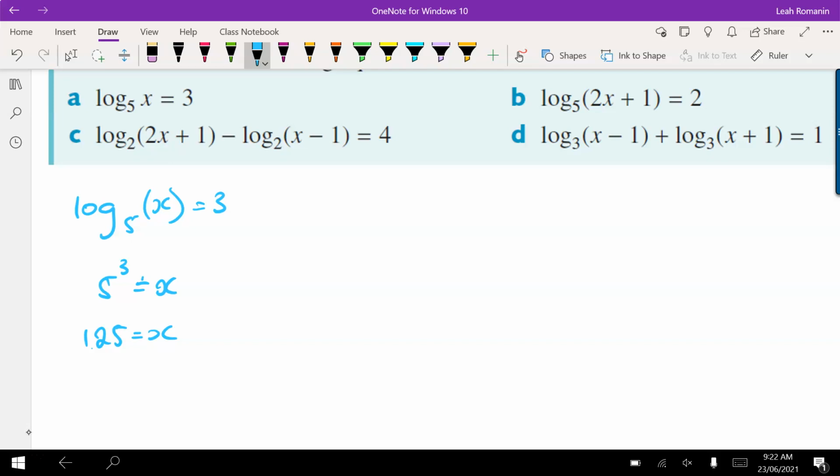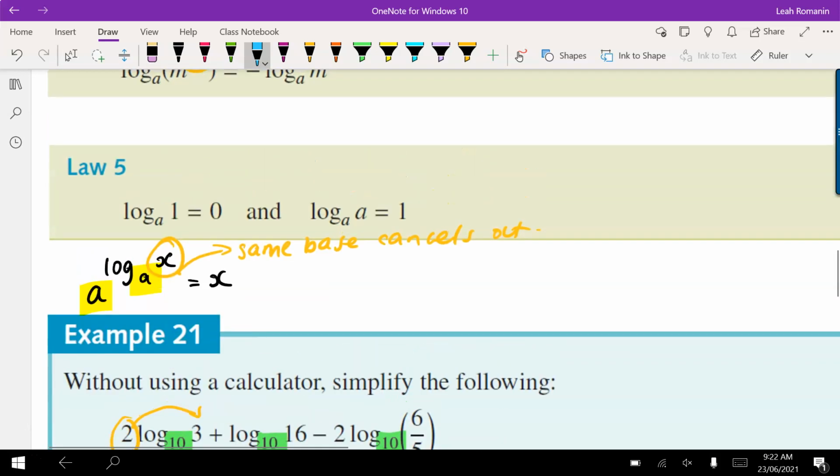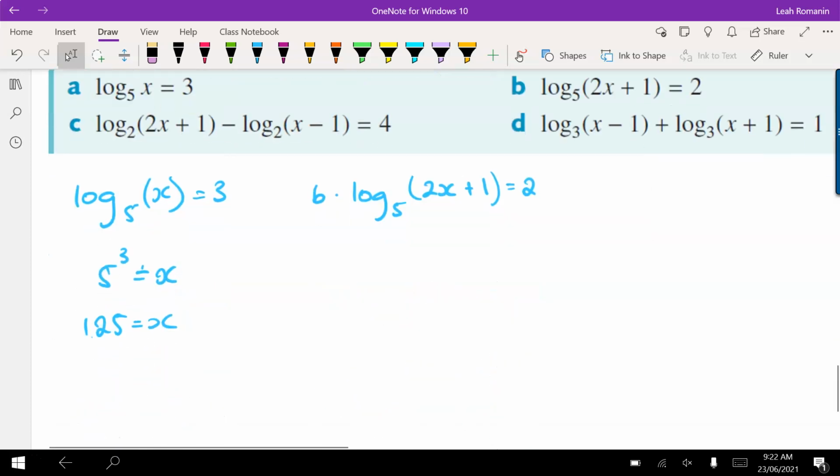Now, coming over to b, I now have a log that is not just a number. So I have log 5 of 2x plus 1 is equal to 2. Okay, now this is where this last log law comes in that I've got in black. Even if I rearrange this, it's still not going to work out nicely for me.